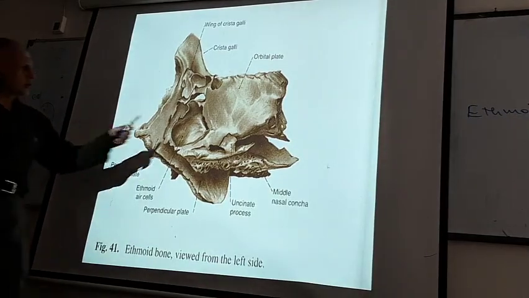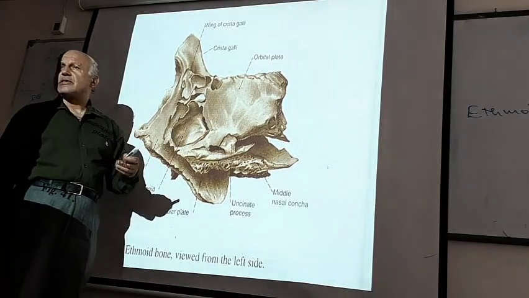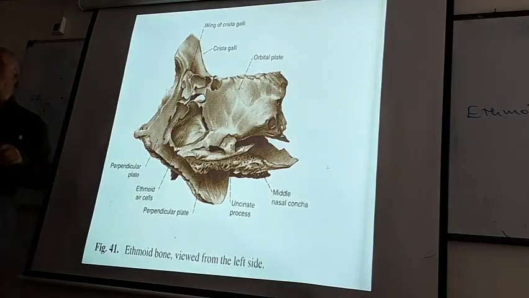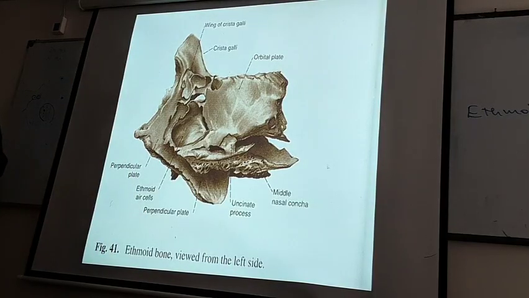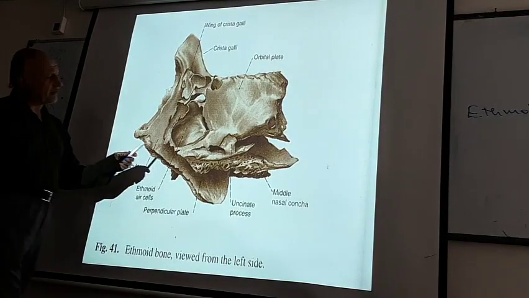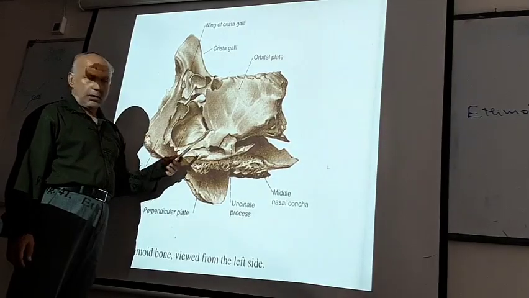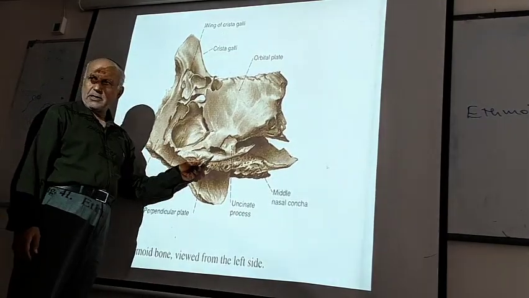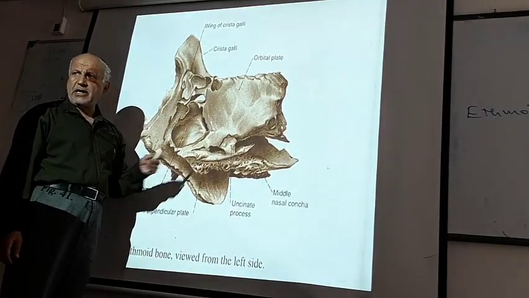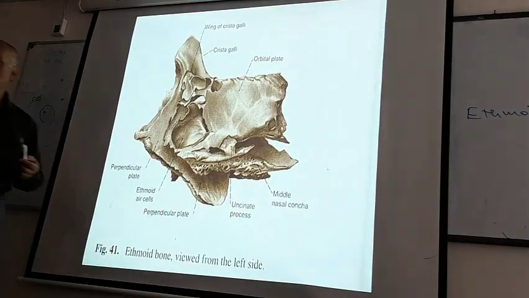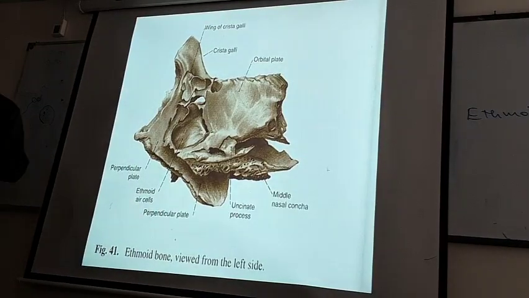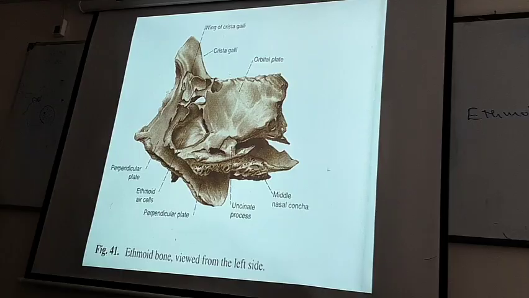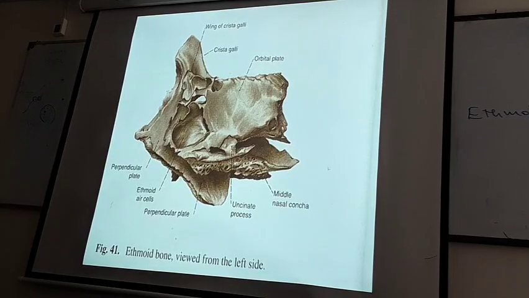The orbital plate of ethmoid is in the medial wall of the orbit. But another surface is medial surface of this lateral mass. The medial surface is named nasal surface because it is in the lateral wall of the nose.